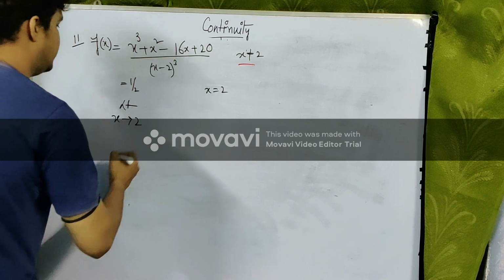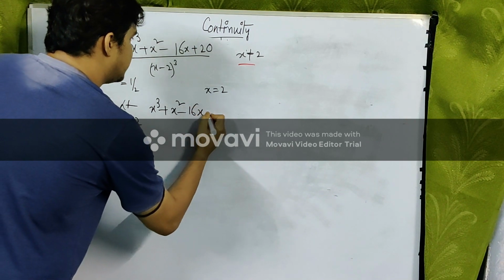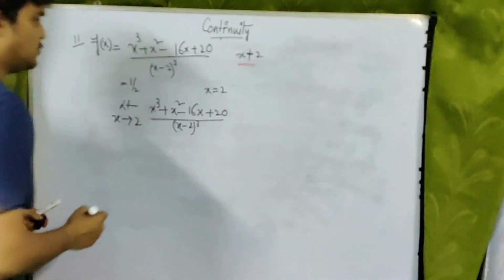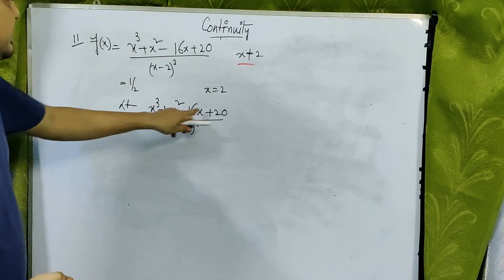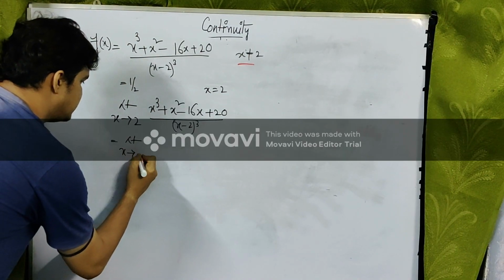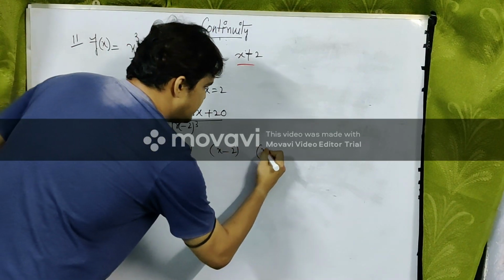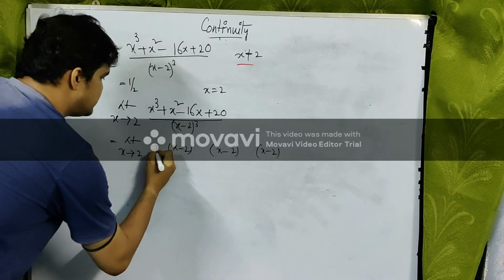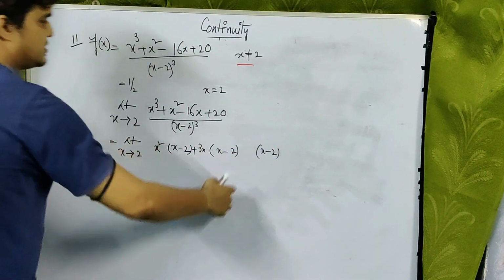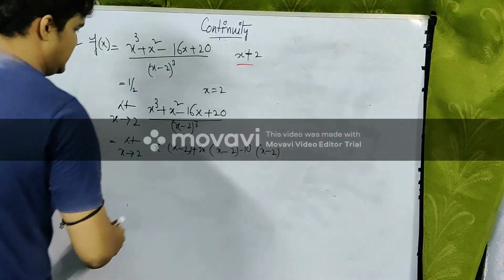So limit x tending to 2, x cube plus x square minus 16x plus 20 by (x minus 2) whole cube. So our first work is to factorize the numerator. Limit x tending to 2, x cube is here, so x square times x minus 2, x cube minus 2x square, that means plus 3x square, minus 6x, minus 10x plus 20.